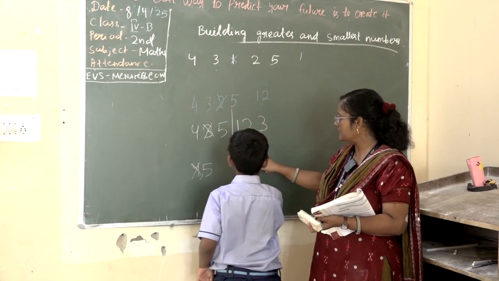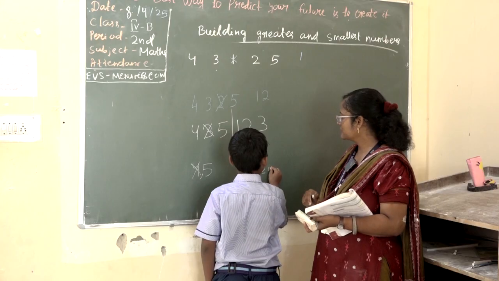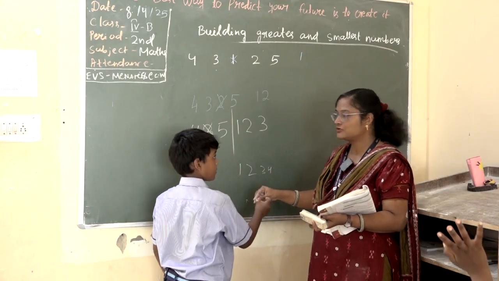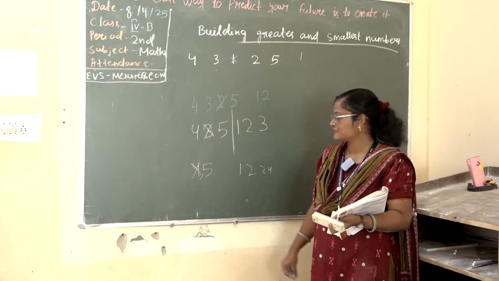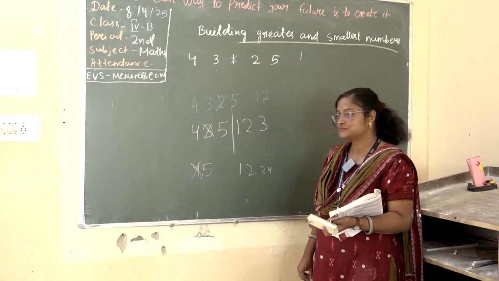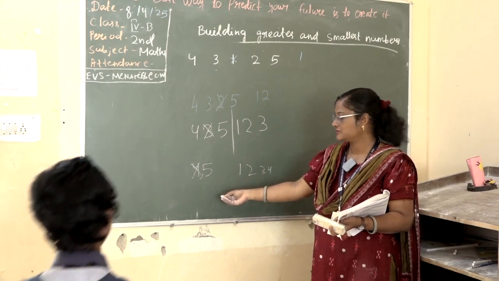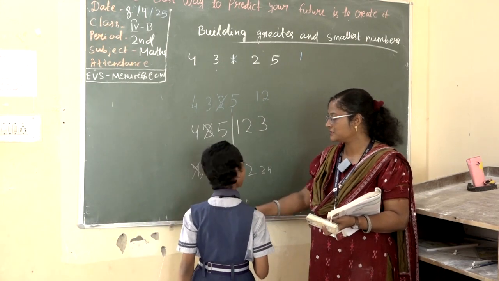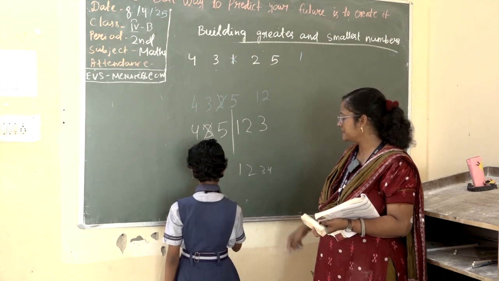Here you have to write 1, 2, 3, 4. Now what is the remaining number? Come. 5. Which is the remaining number? 5. Write it right here, and you write all the numbers in increasing order.